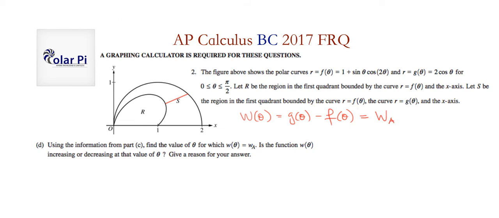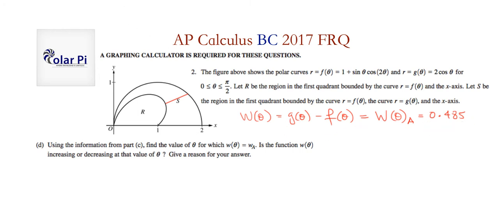Remember, w sub a is an abbreviation for w of theta sub a, which is the average value of w of theta, which we calculated on the last part to be 0.485. So we need to find theta so that this is equal to that.